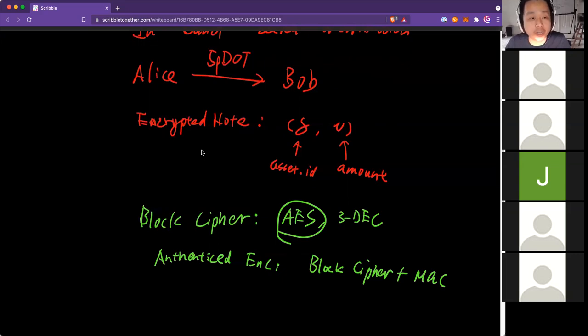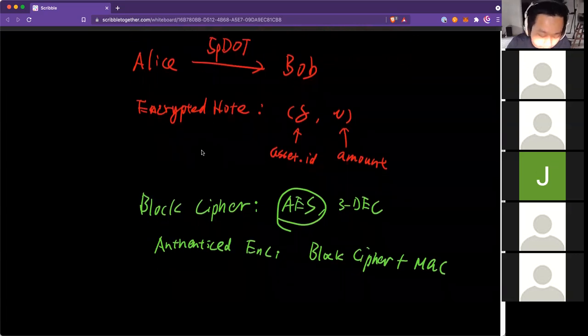Think of it as a checksum. This is the high-level point of view. This scheme is also called AEAD. So far we have laid out all the background.